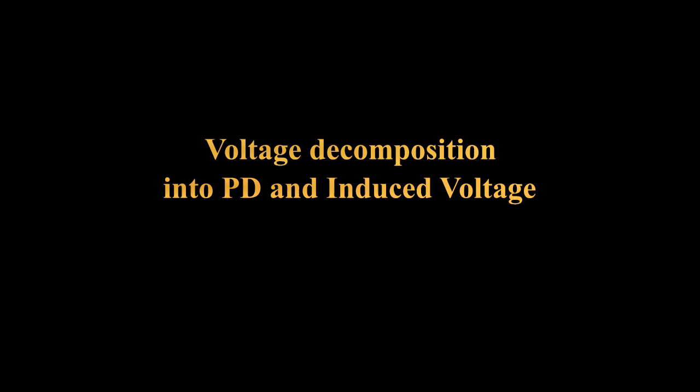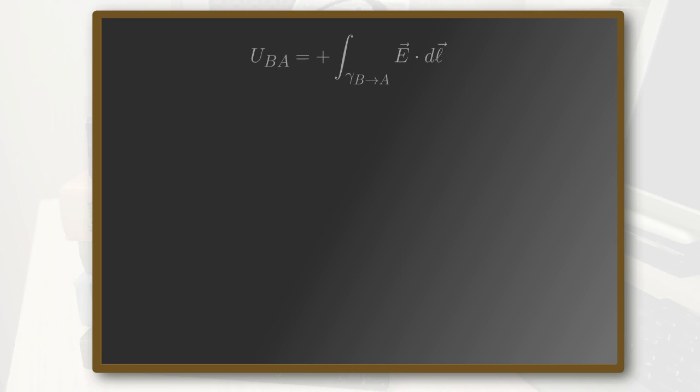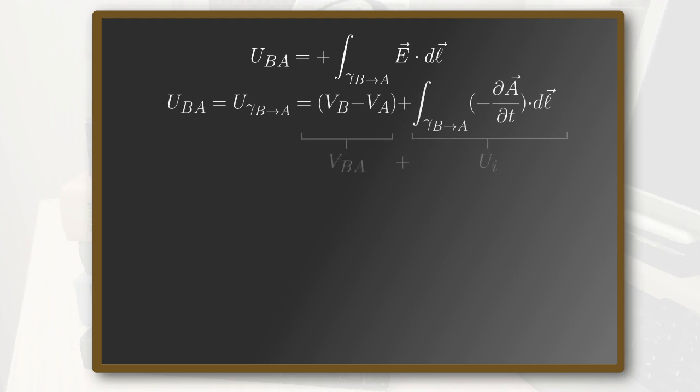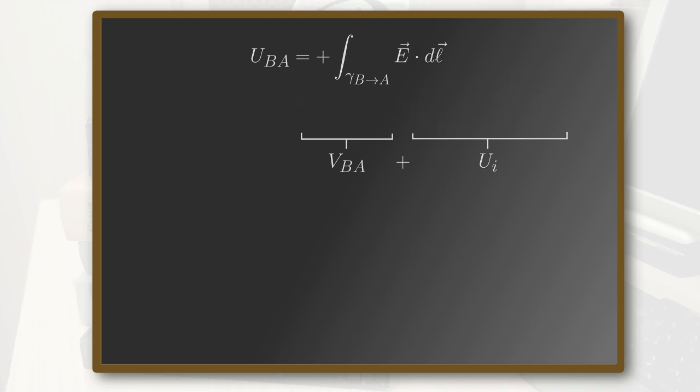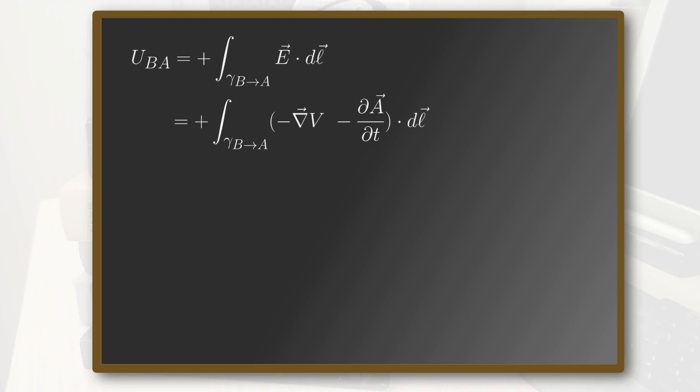Okay, let's see now how to decompose voltage in the IEC notation. It might not be apparent from the above definition of voltage alone, but the IEC voltage U sub BA is composed of two parts: an electric potential difference V sub BA equal VB minus VA, which in our notation is called phi sub BA equal phi B minus phi A, and an induced voltage U sub I. It is easier to see this by expanding the integral of the definition one step at a time.